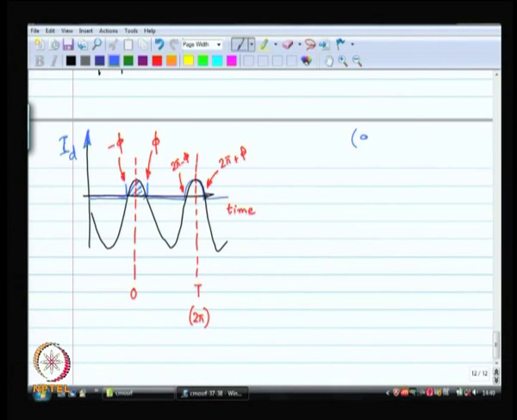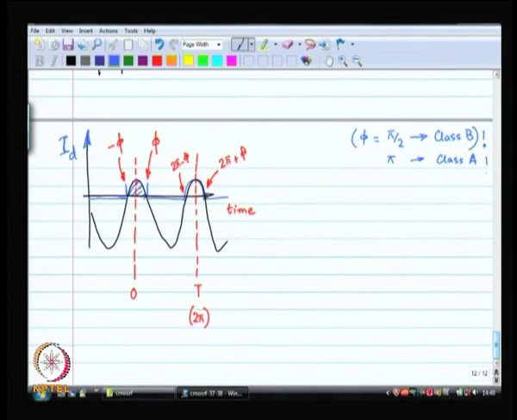When phi is pi by 2, I get class B. When phi is pi, I should get class A. Right. So, we will see if the same results pop out of this or not. Okay.